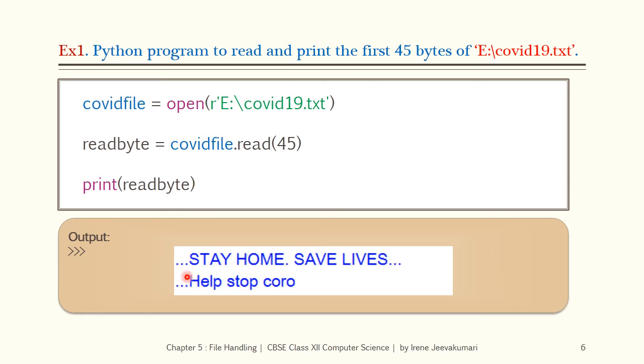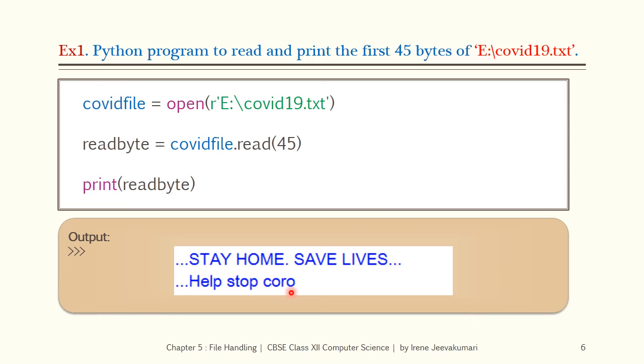This is the output. The total 45 bytes are printed here. So now let us count the characters. 1, 2, 3, 4, 5, 6, 7. The 8th one is the space. 8, 9, 10, 11, 12, 13, 14, 15, 16, 17, 18, 19, 20, 21, 22, 23, 24, 25, 26, 27, and the slash n character is also included, so it is 28, 29, 30, 31, 32, 33, 34, 35, 36, 37, 38, 39, 40, 41, 42, 43, 44 and 45.